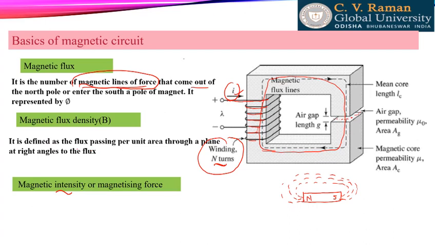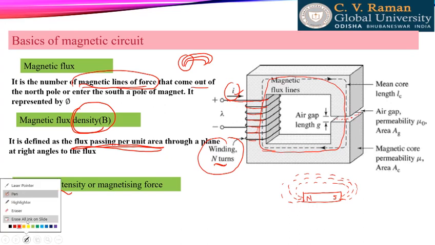That is defined as flux passing per unit area. So flux passing per unit area means density. Density will say how densely these lines of force are there. How many lines of force are there in a particular area? That will be given by this density.